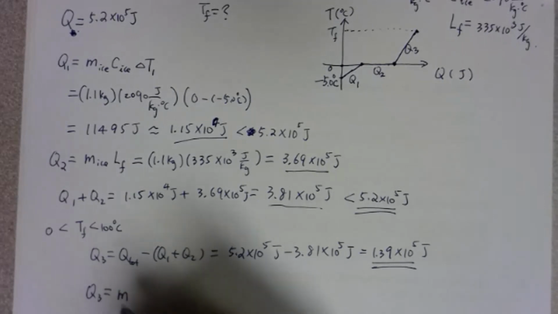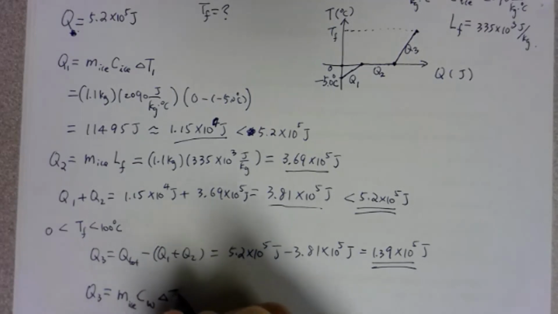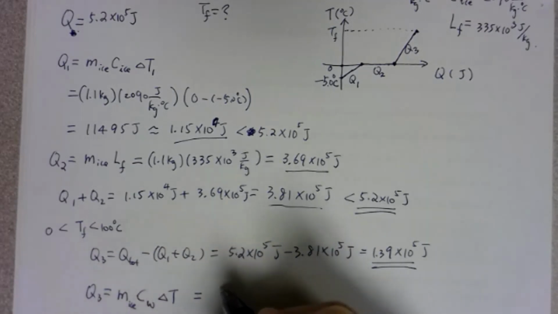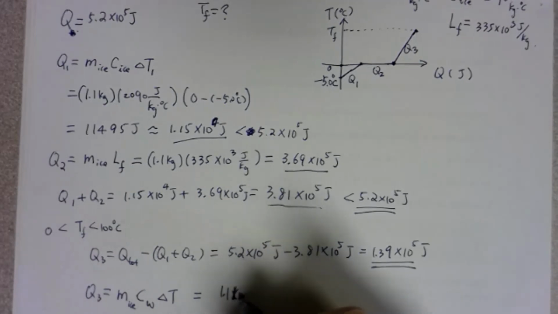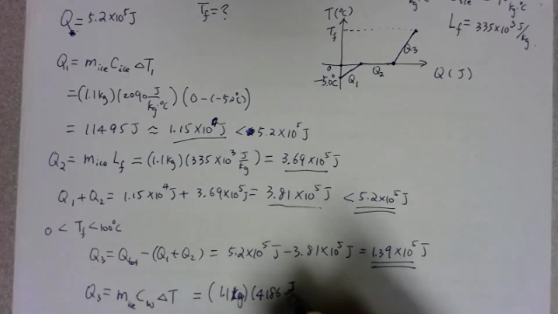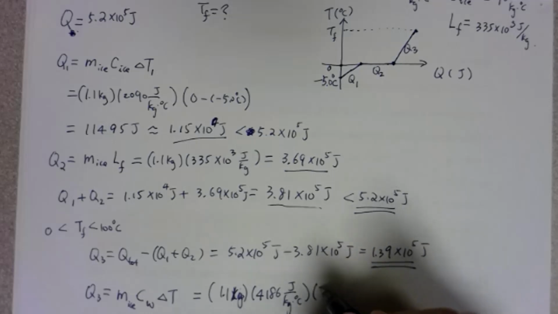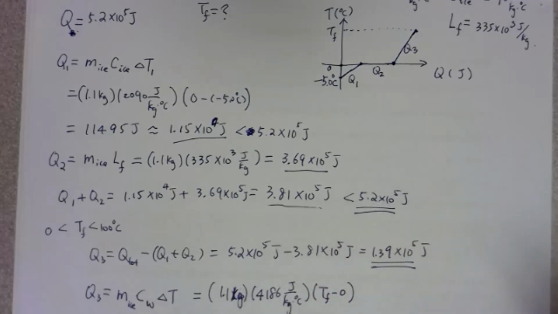So that will be the mass of either ice or water, now they are the same, times C, and in this case you should be using C of water, and delta T. So this is going to be 1.1 kilograms times 4186 joules per kilogram per degrees Celsius, times delta T, which will be T final minus 0.